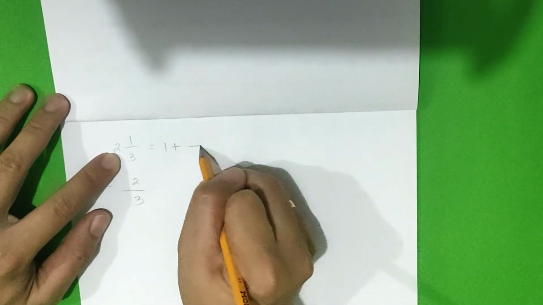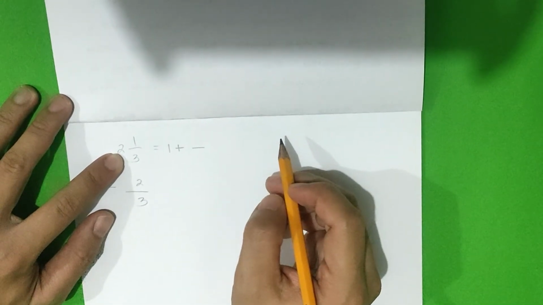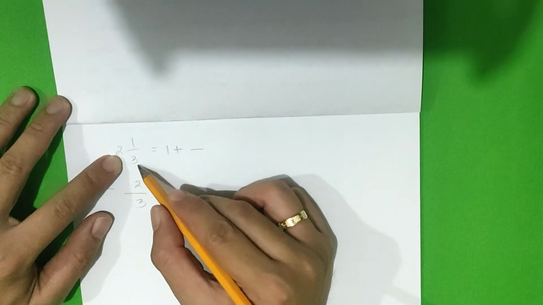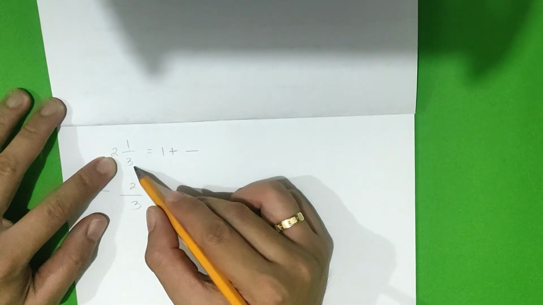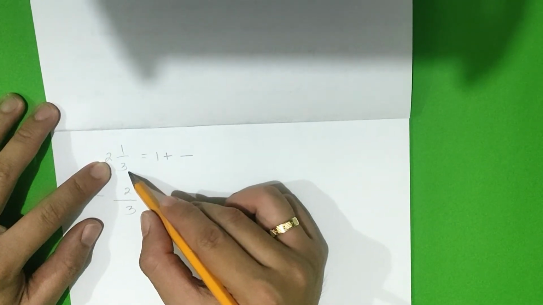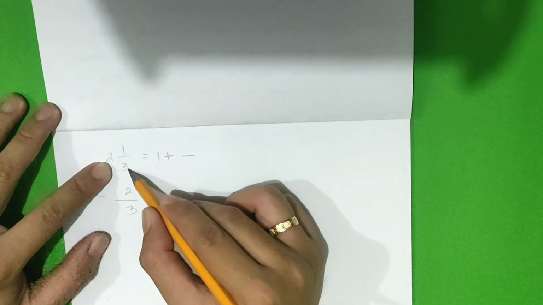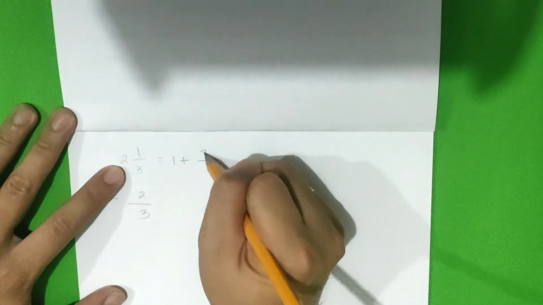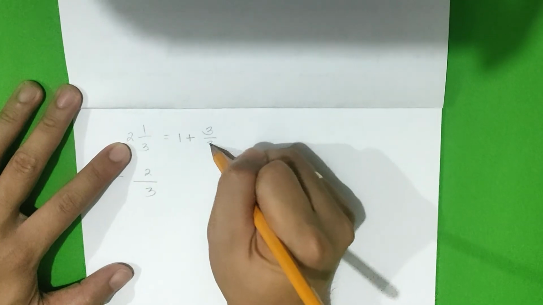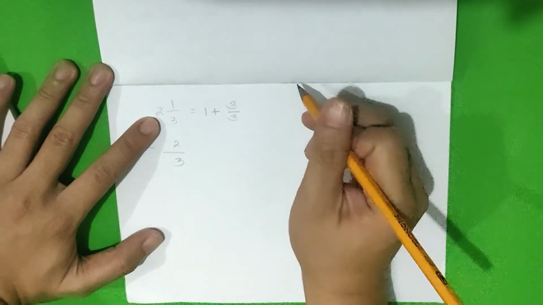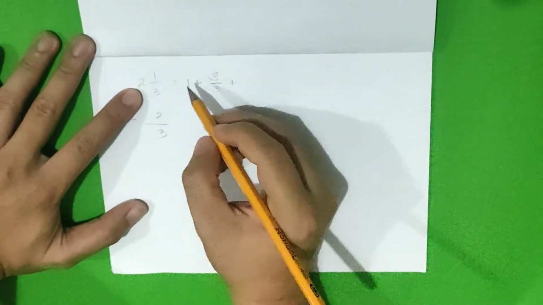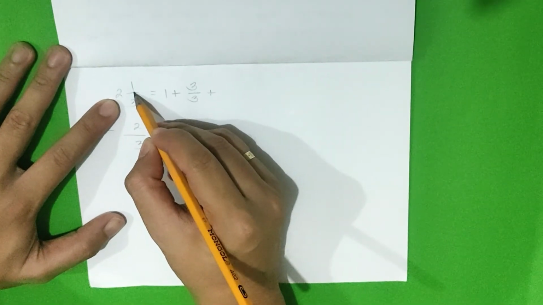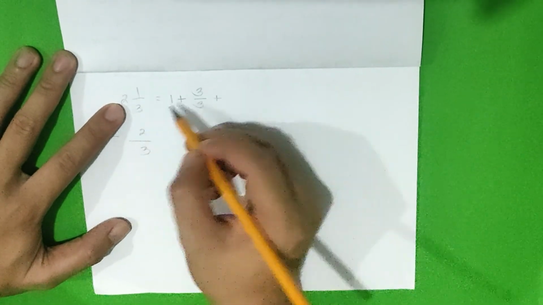Then, determine the denominator of the original mixed number. So, it is number 3. So, let's use number 3 as a numerator and as the denominator. Then let's add the proper fraction 1/3.